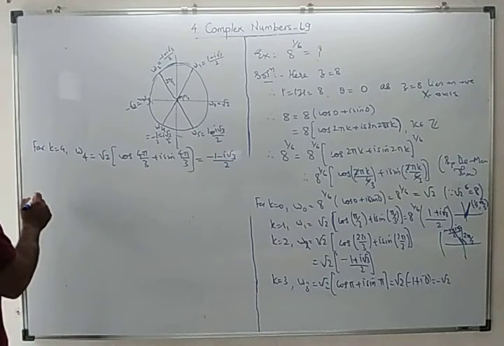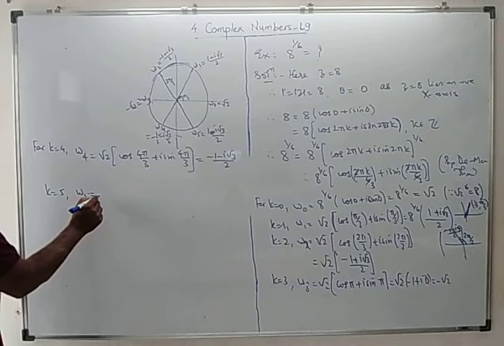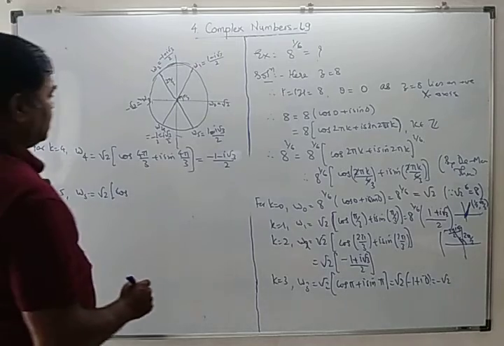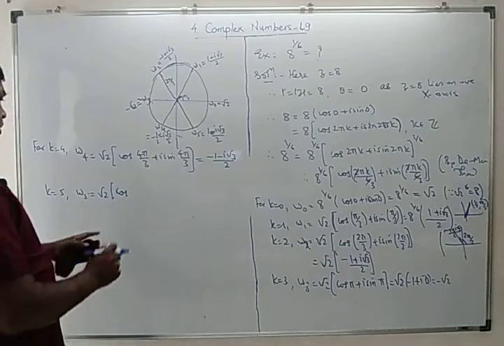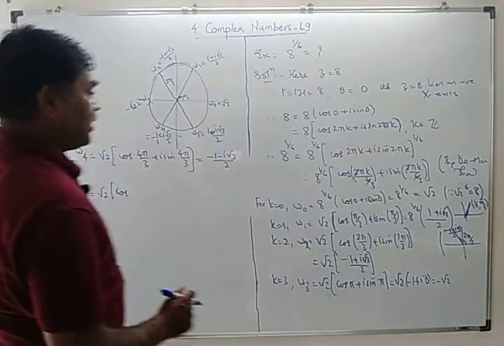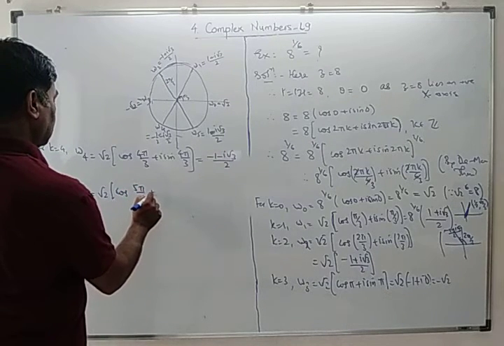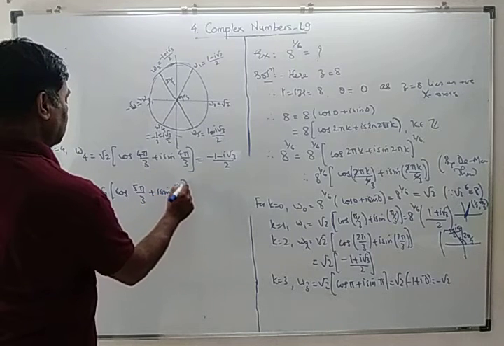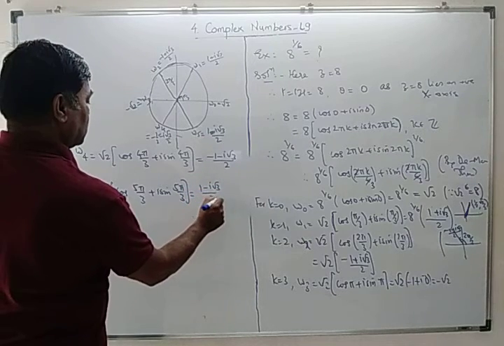For k equal to 5, W5 is equal to root 2 into cos of, what is this angle now? For k equal to 5, we get 5 pi by 3 plus i sin 5 pi by 3, which is nothing but 1 minus i root 3 by 2.